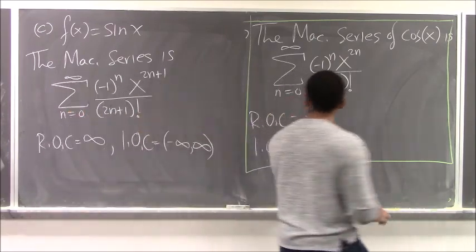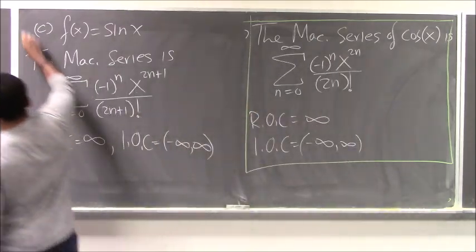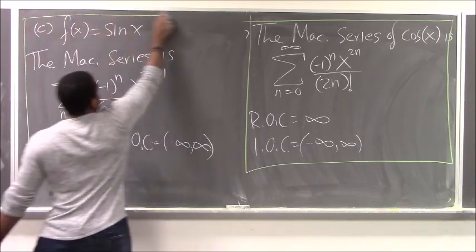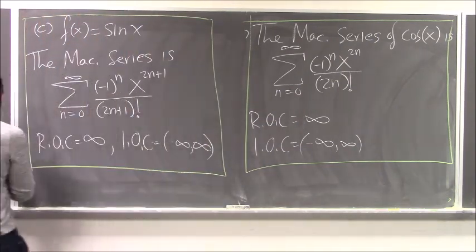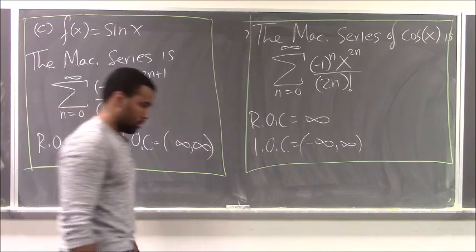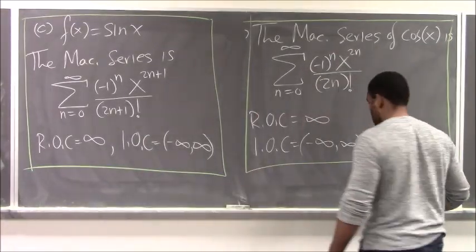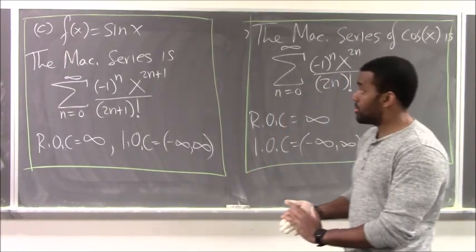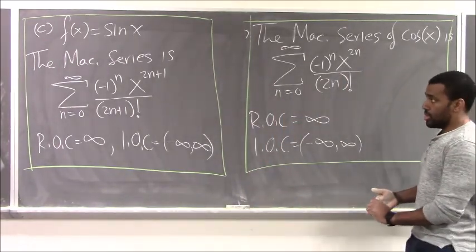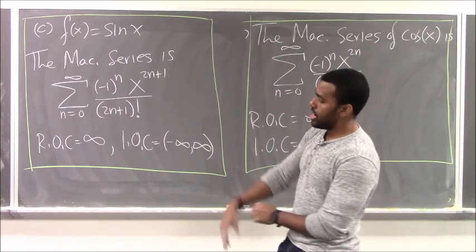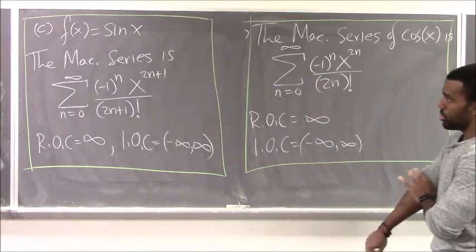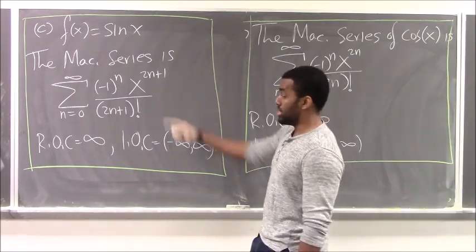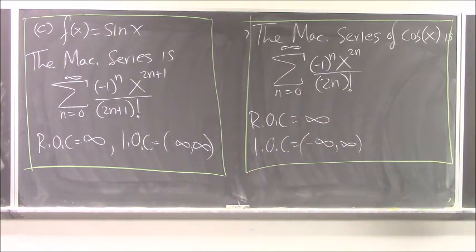And that is for the sine function. So you guys can practice actually writing that out, going through the process for the sine function, but that's what you would end up with.